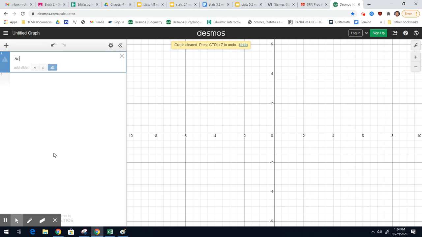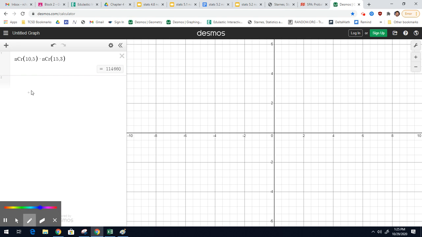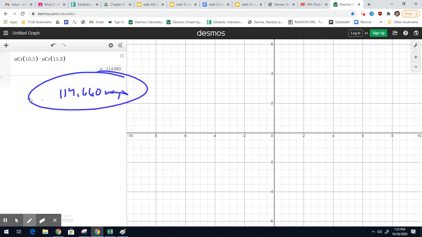So nCr, I'm doing 10 females, choose 5, times nCr, I'm doing 15 males, choose 3. And I got 114,660, and that's how many different ways there are for this result to happen. That's our part A. Okay, part B.